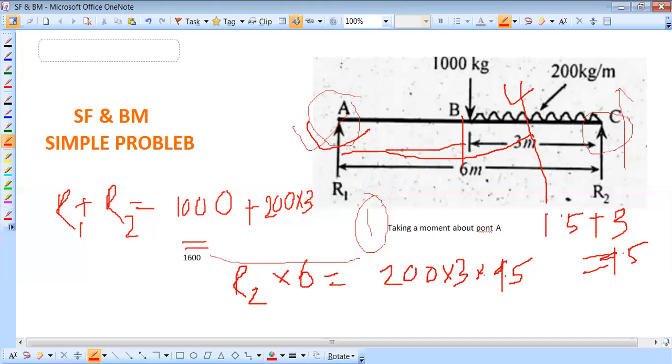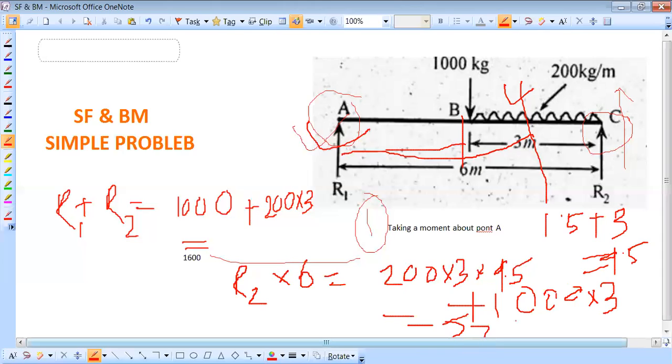So that's how we take 4.5, plus the other load 1000 with a distance of 3. If I calculate, this value is 5700.